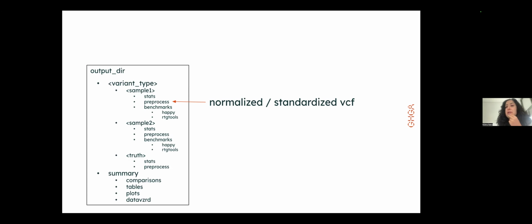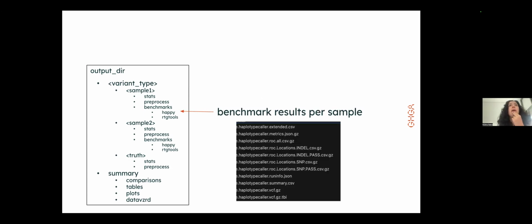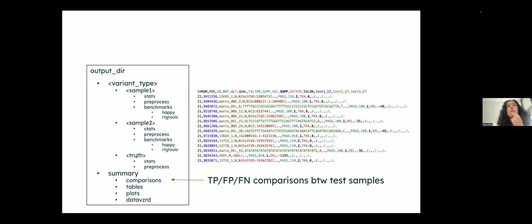So this is the VCF file used for benchmarking at the latest steps. And finally, you have all the benchmarking results per tool. It will depend on which tool you use, but it is all going to be listed here. So you have the raw results basically. And this is for sample 1, sample 2, however many samples you have, you will have those results. And you also have it for truths, but benchmarking is not run on those, of course.